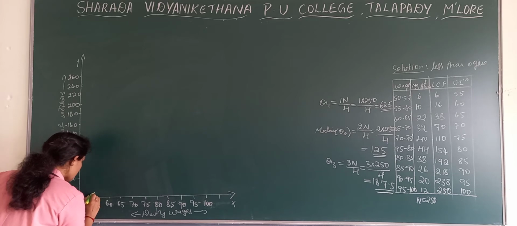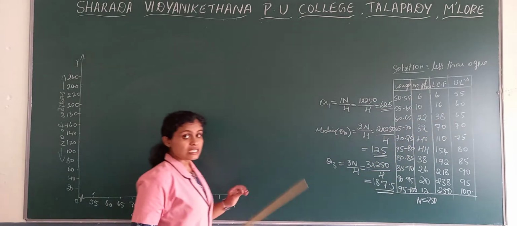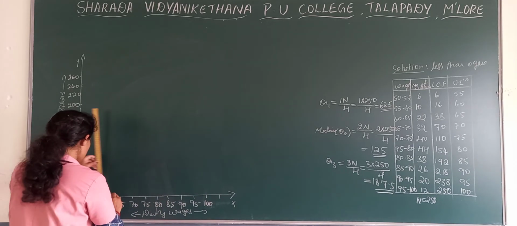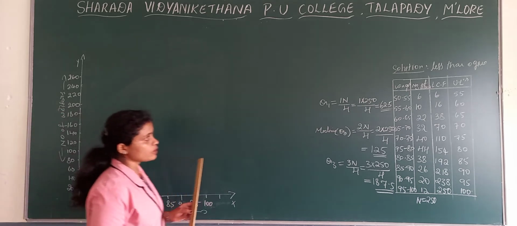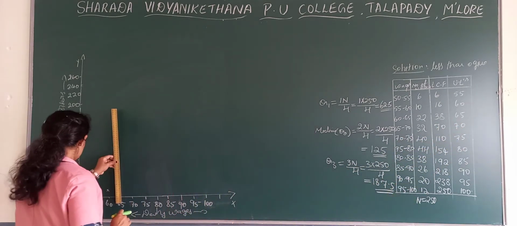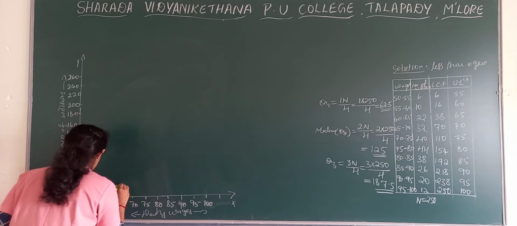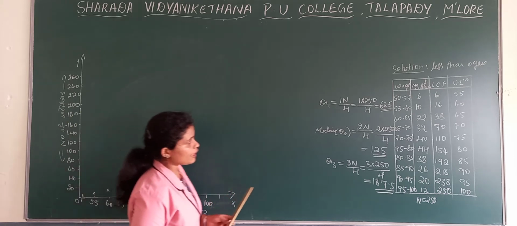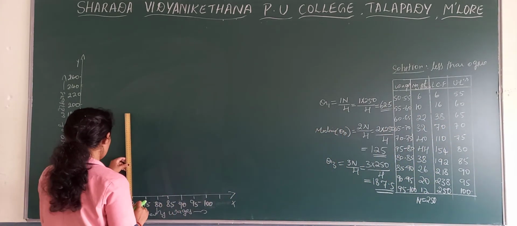55 value is 6 and 60 it is 16, just above the first one. Then 65, 38. 70, 70.